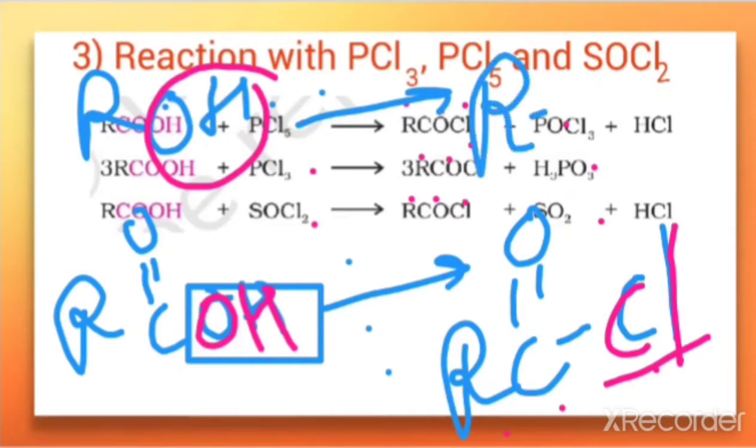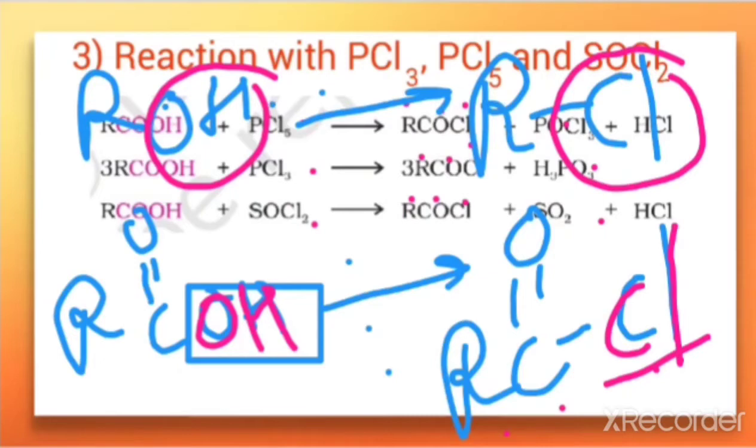That is, we are getting the product RCl. So here also we are removing the OH part and keeping one Cl in that place. This is the reaction we have already discussed in the first chapter of organic, that is the preparation of halides.